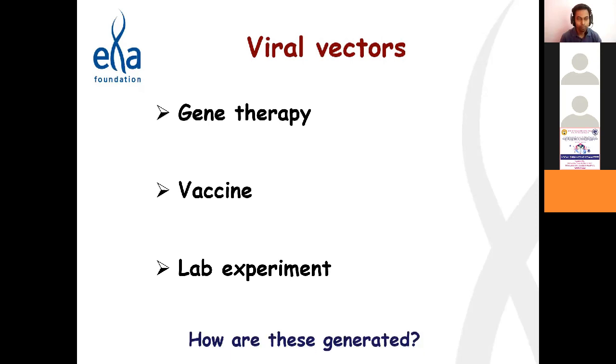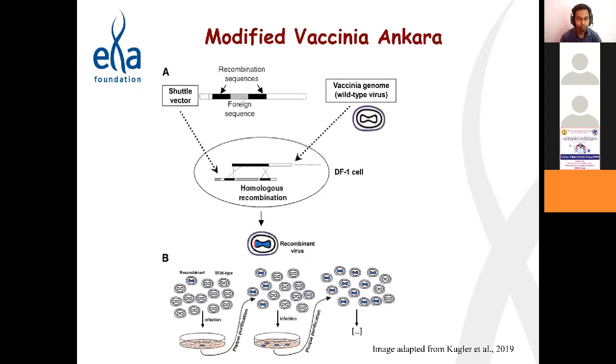It took a lot of time for the vectors to evolve from lab experiments to gene therapy to vaccine. So how are these generated? If you look at some of these well-known vectors, modified vaccinia Ankara or the MVA vector, this is just an example taken from a publication.